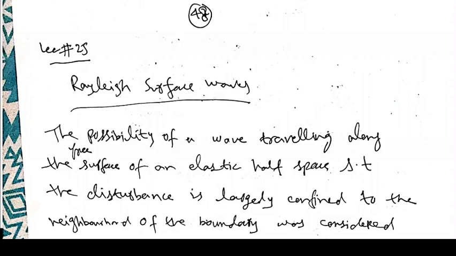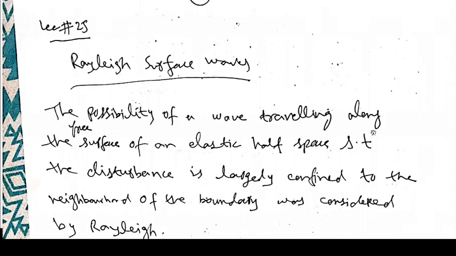As this type of wave was first studied by Rayleigh, it is also called a Rayleigh surface wave. As I have written here, it is the possibility of a wave traveling along the free surface of an elastic half space, such that the disturbance is largely confined to the neighborhood of the boundary.